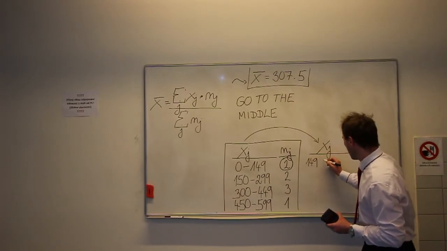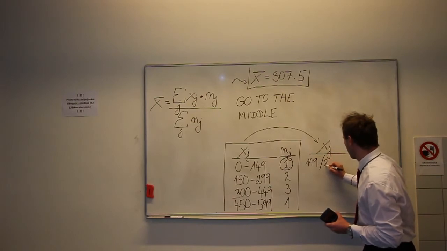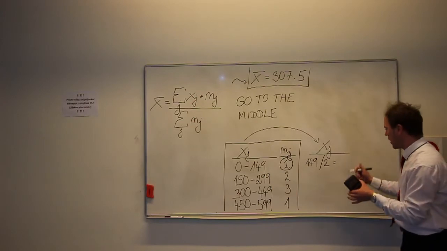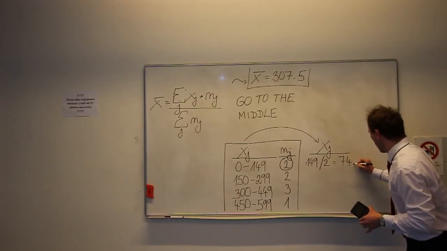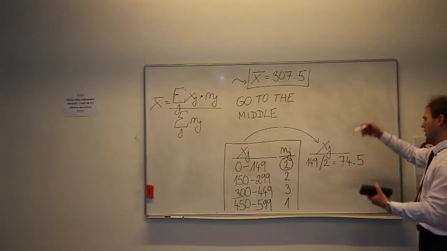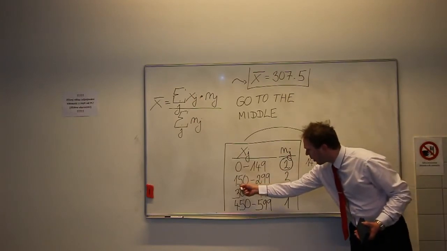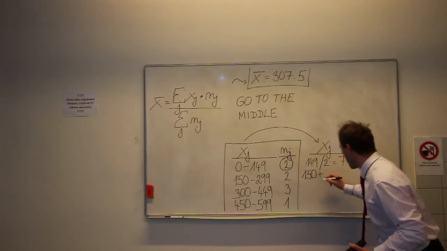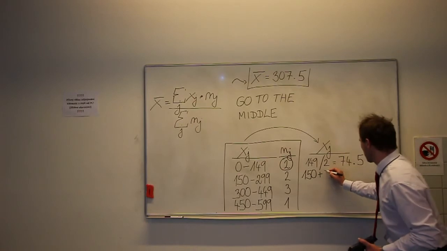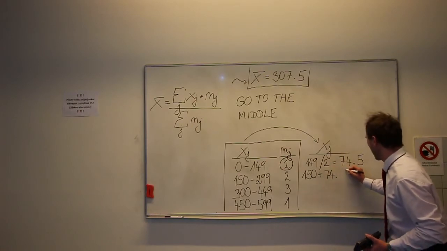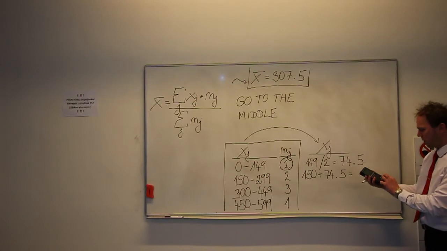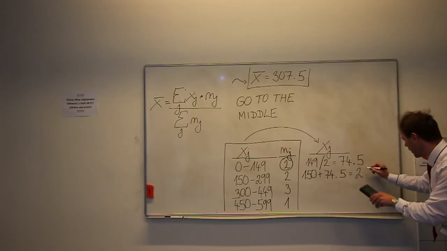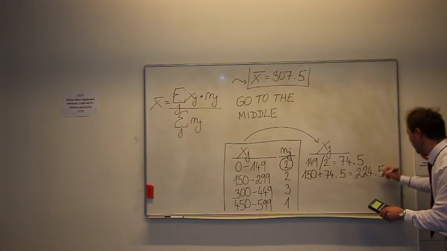149 divided by 2. And the result, 149 divided by 2, is 74.5. Yes, and now I will use the lower bound, 150 plus this first value, 74.5, and the result is 224.5.